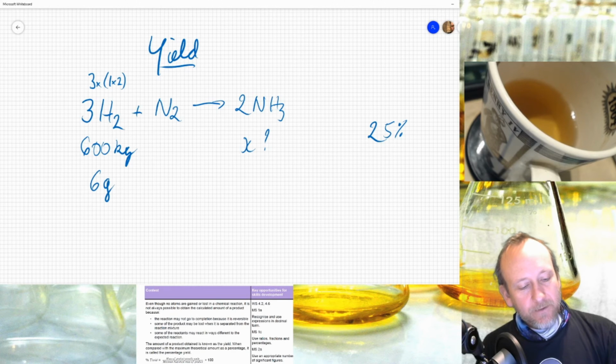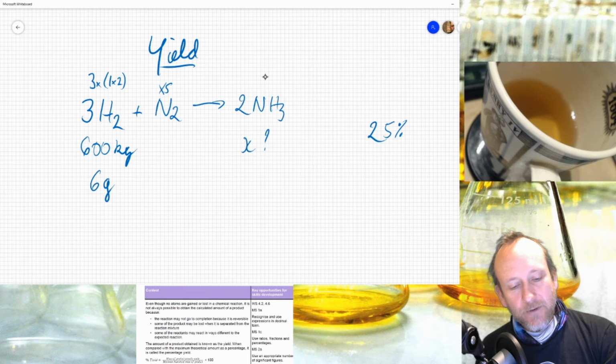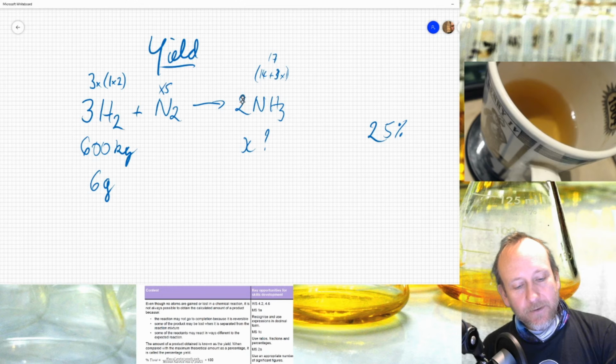So if you had 6 grams of the hydrogen, you would react it with an excess of nitrogen, and then you would get your ammonia out of that, which is 14 plus 3 times 1, so that's 17. Okay, and you've got 2 molecules of that.